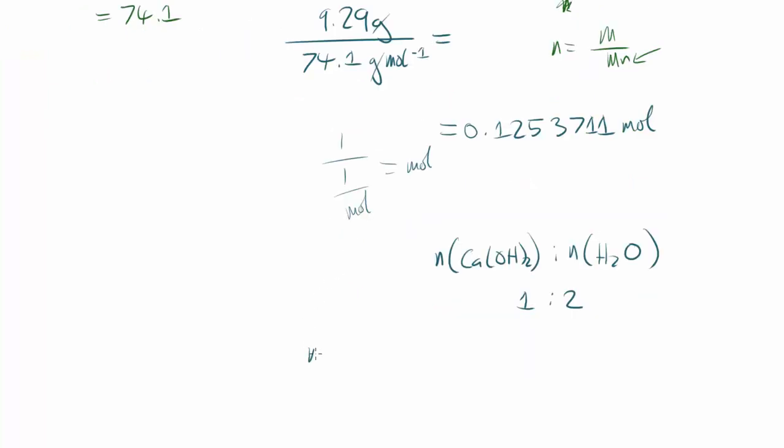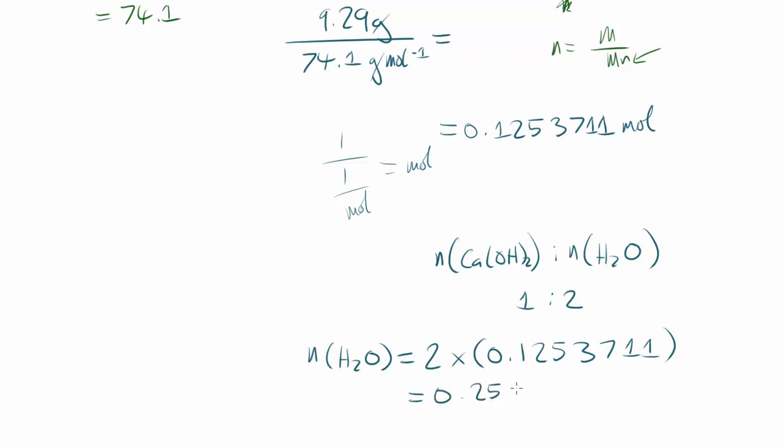So the moles of H2O is going to be equal to 2 multiplied by the moles of Ca(OH)2, and that's going to be 0.250 7422, and that's also in moles, right?